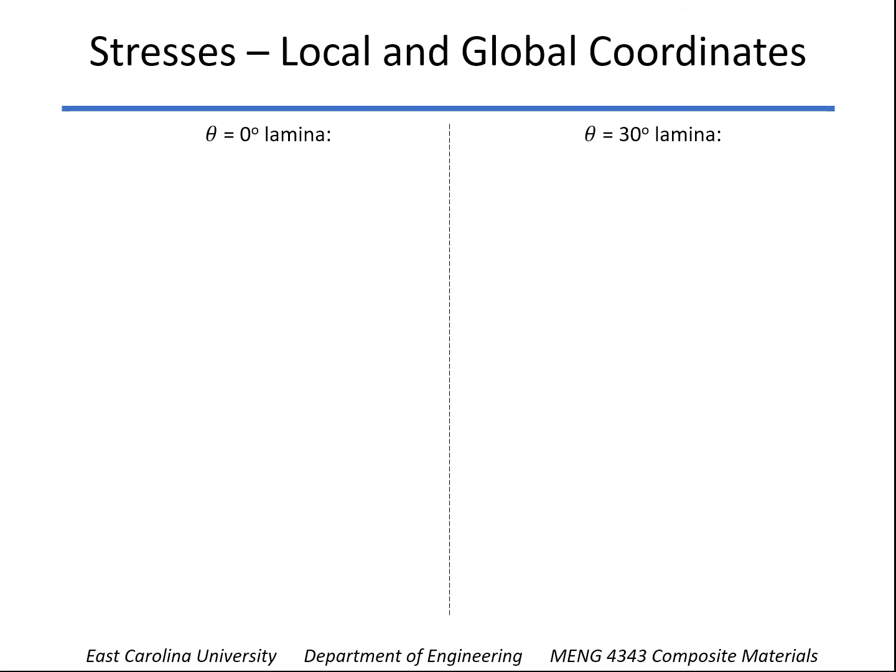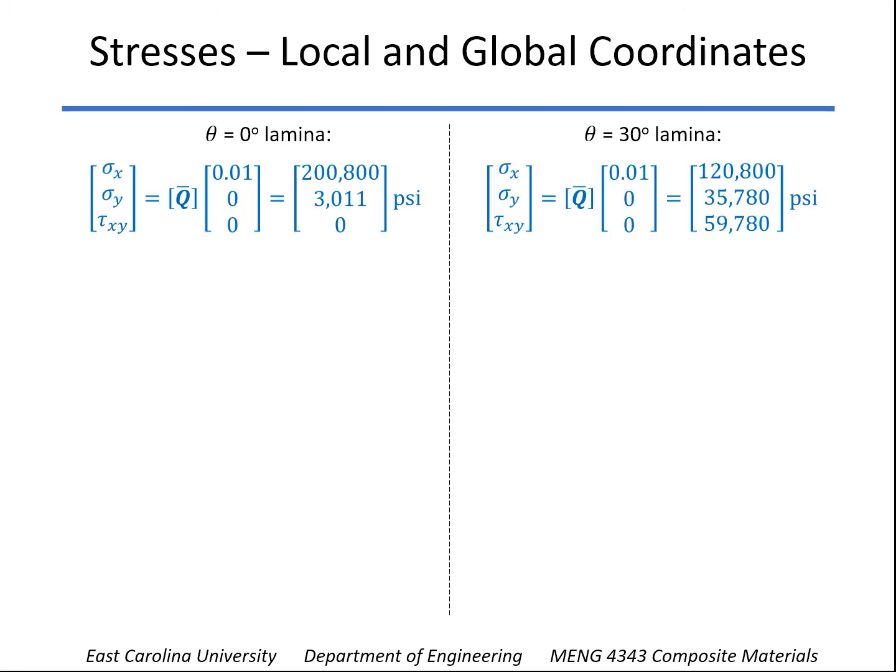All right, now to find the stresses, let's take the Q bar matrix and multiply by the global strains, which are again, epsilon x being 0.01, epsilon y is 0, gamma xy is 0. And so there's what you get for the 0 degree laminate, which kind of makes sense. You're going to generate a high stress in the direction that you're straining it. Now the 3000 psi tensile stress in the two direction makes sense because you're constraining it.